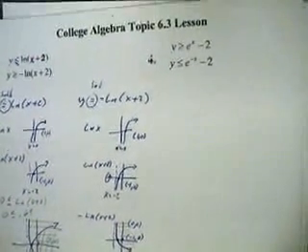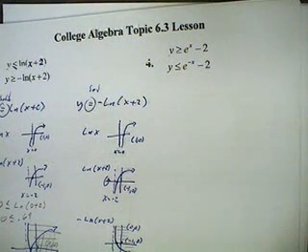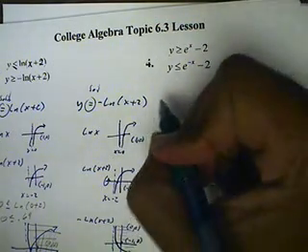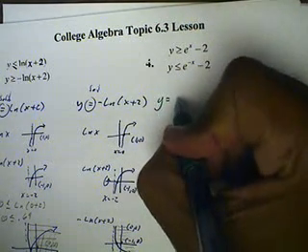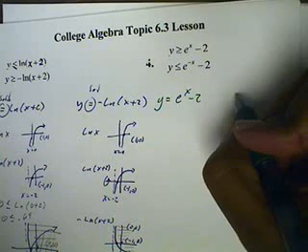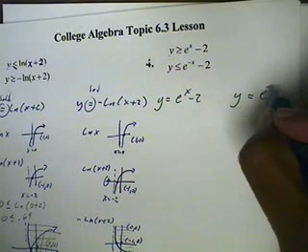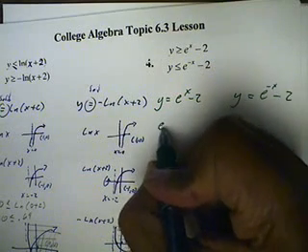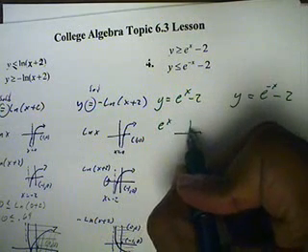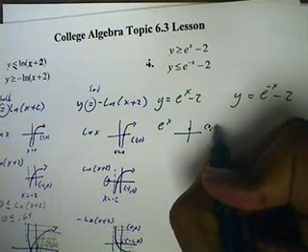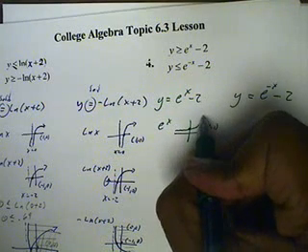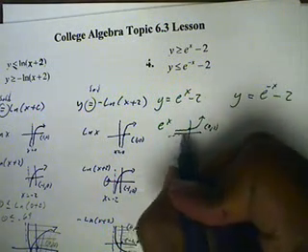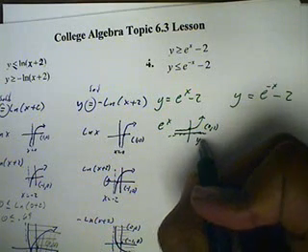Alright, next one. On the next one, we're going to convert this into y equals e to the x minus 2, and this one into y equals e to the negative x minus 2. Now e to the x, when we graph that, will go through 0, 1, and it'll be a slow to rapid growth with an asymptote of y equals 0.